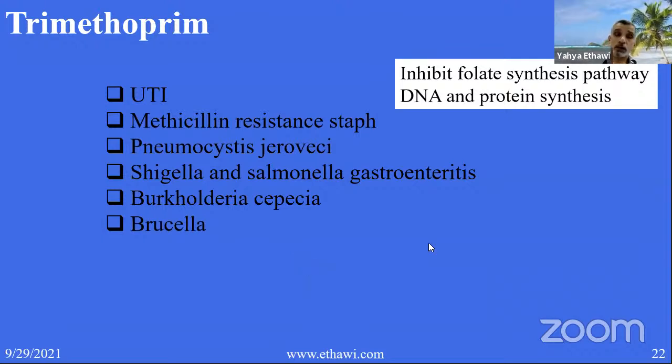It's very good for UTI, methicillin-resistant staph, and Pneumocystis jirovecii. It's very good for Shigella and Salmonella gastroenteritis when the culture is positive. Only when the culture is positive, remember. We use it for Burkholderia cepacia that is usually common with cystic fibrosis, and it's very good for Brucella.